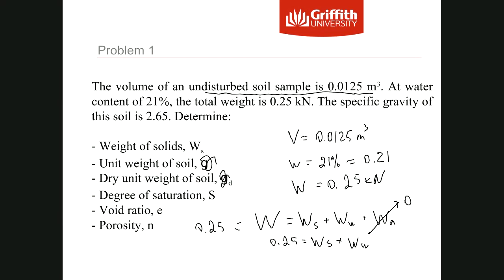Anybody remembers? If you can remember, can you write what property of soil we can use? It actually has mass of solids and mass of water in its definition.